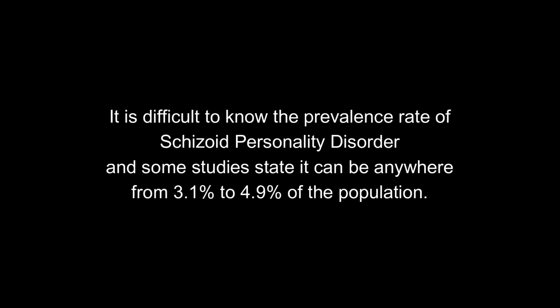If an individual with schizoid personality disorder has other personality disorders, they are most apt to have paranoid, avoidant, and/or schizotypal personality disorder. It is difficult to know the prevalence rate of this disorder, and some studies state it can be anywhere from 3.1% to 4.9% of the population.